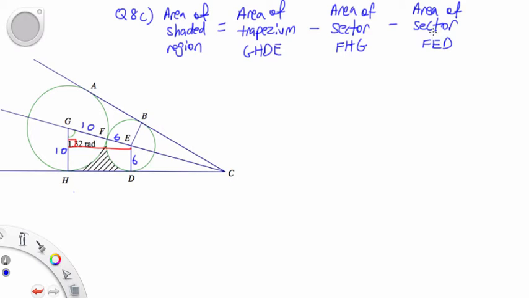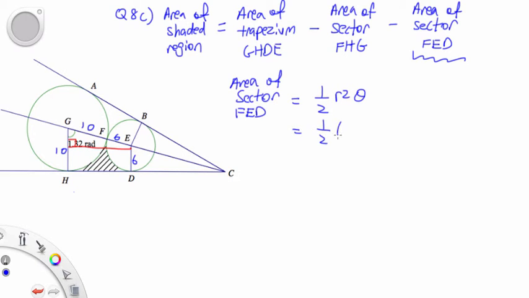Now if you want to find the area of sector FED, same thing, you will use half r squared theta, which is half, the radius is 6, but how to find theta?